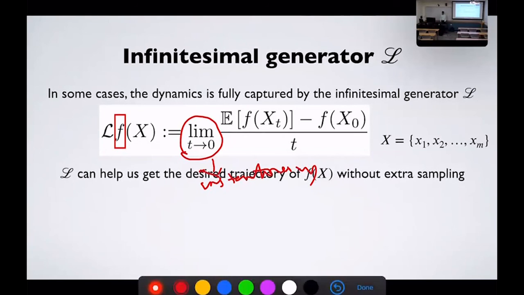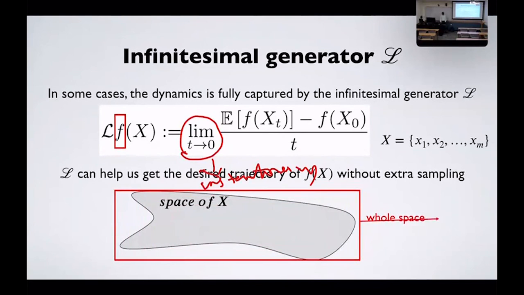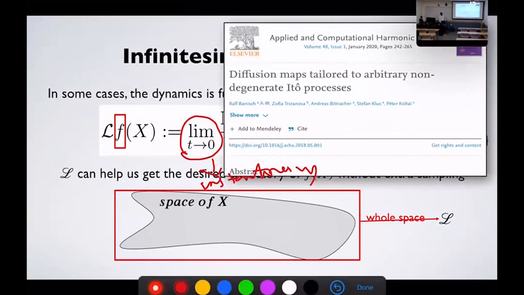So what we claimed was that this L can get us the desired trajectory of x without extra sampling. I don't know if you've heard of the Laplacian before, which is big because of diffusion. What it said was, if you compress the whole space to Gaussian, here you're compressing this whole stochastic space into this infinitesimal generator, and this was some harmonic analysis reference here.